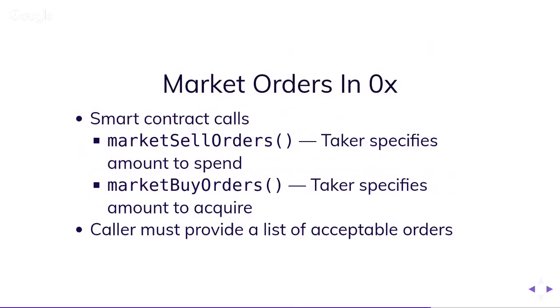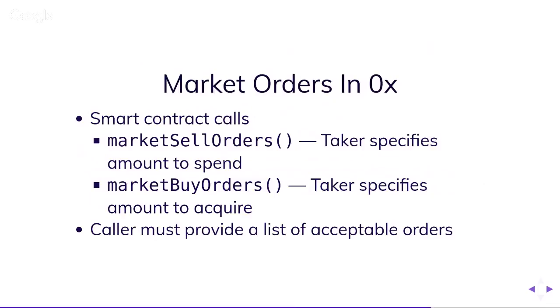Now, with these market orders, because in 0x the orders themselves are kept off chain, you can't just make a call to 0x saying, I want to trade ZRX for Digix Gold at this price, and I want this amount.